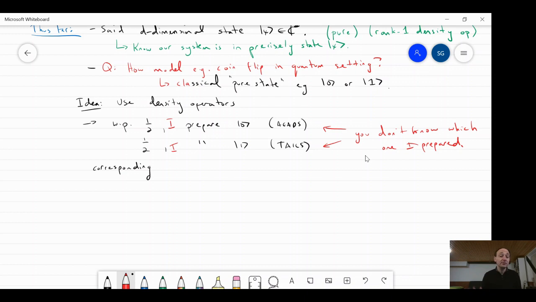But if I don't tell you the outcome of the coin flip, and I just hand you this quantum system, that you don't know what it is without doing a measurement, you have no way of knowing. Your knowledge at this point is completely random. With probability 50% it looks like 0, and with probability 50% it looks like 1.